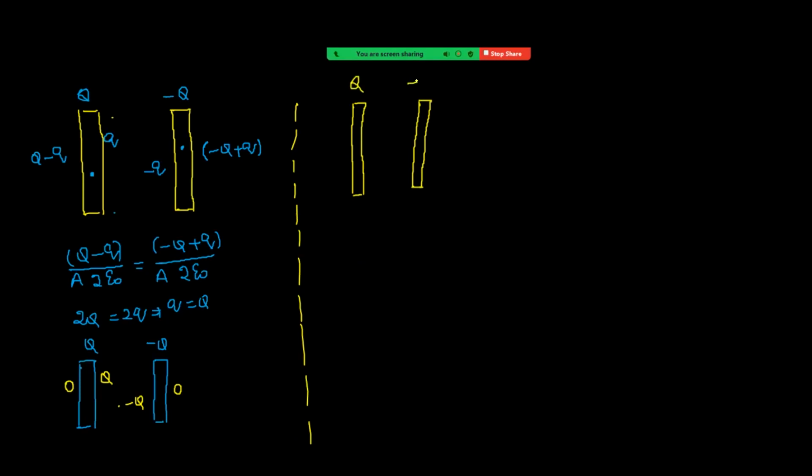So given Q and this is minus Q. And we got how much? 0, 0, Q, minus Q, right? Suppose now this is grounded. So the symbol is taking 3 lines. Okay. Now see what happens. Its potential should become 0.